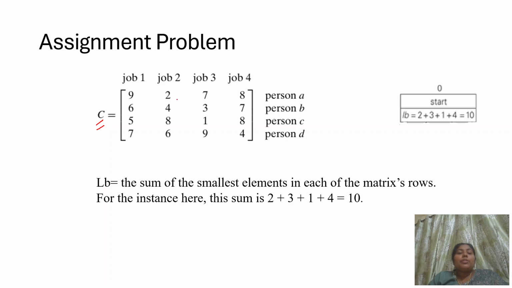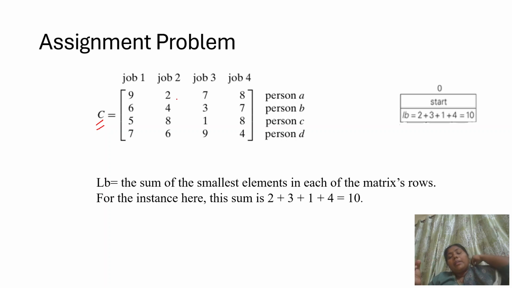If a person is assigned to job 2, the cost is 2. But we have to assign each and every person to one job. That is the main goal of this assignment problem. One person must be assigned to one job, and the next person must be assigned to another job. We cannot assign A to job 1 as well as B to job 1. That is not possible. One job is assigned to one person, and another job to another person.